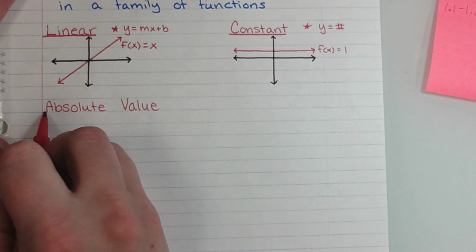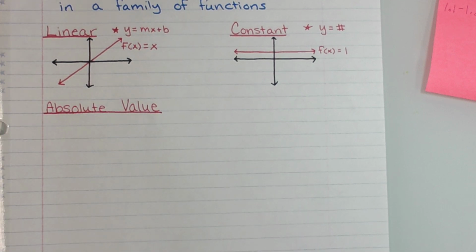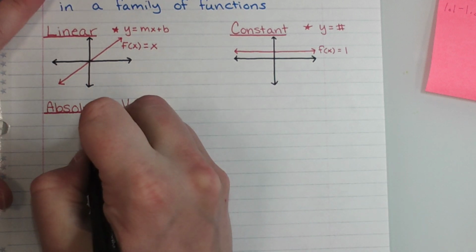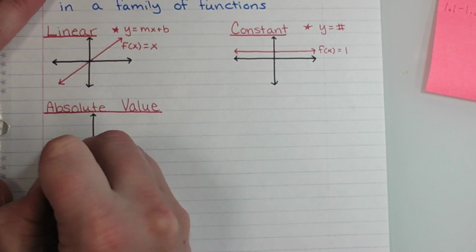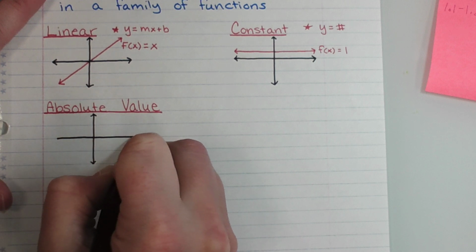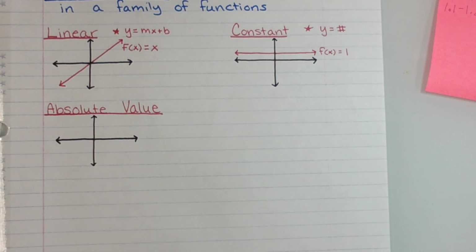There are 4 other families that you've worked with so far throughout high school math. You've worked with the absolute value family. If I take the absolute value of a number, what does absolute value do?